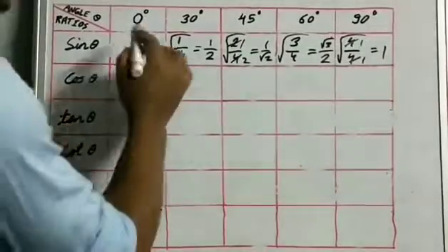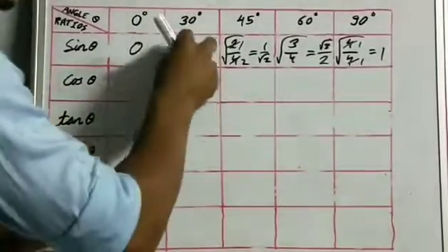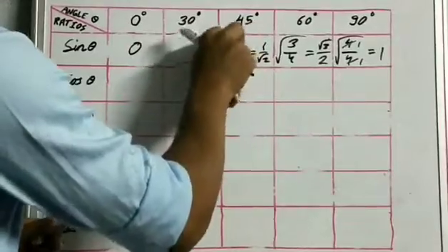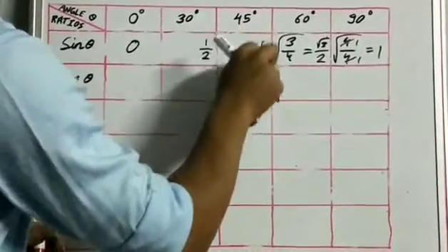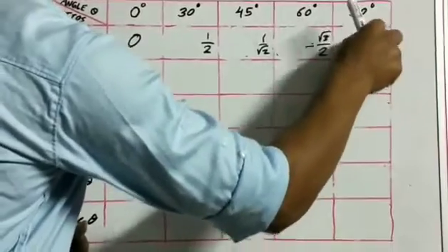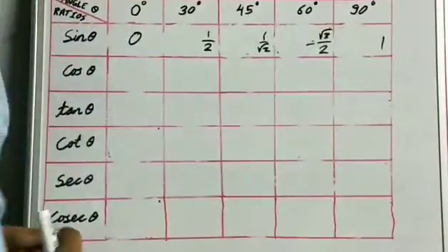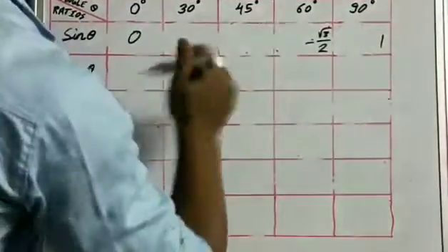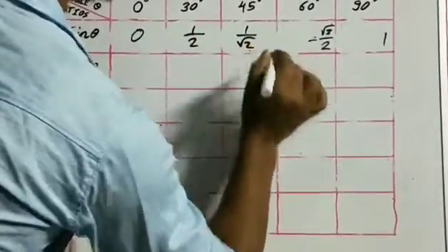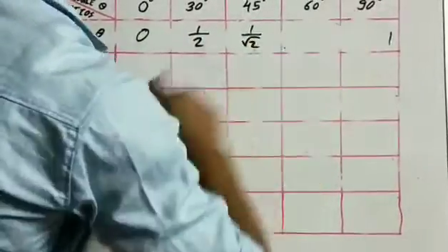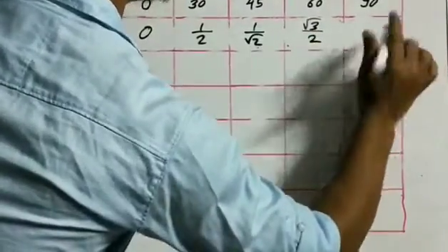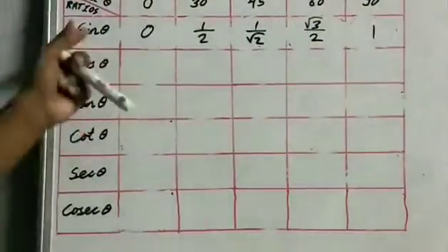Value for sine 0 degree is 0. So we get the values of sine theta.